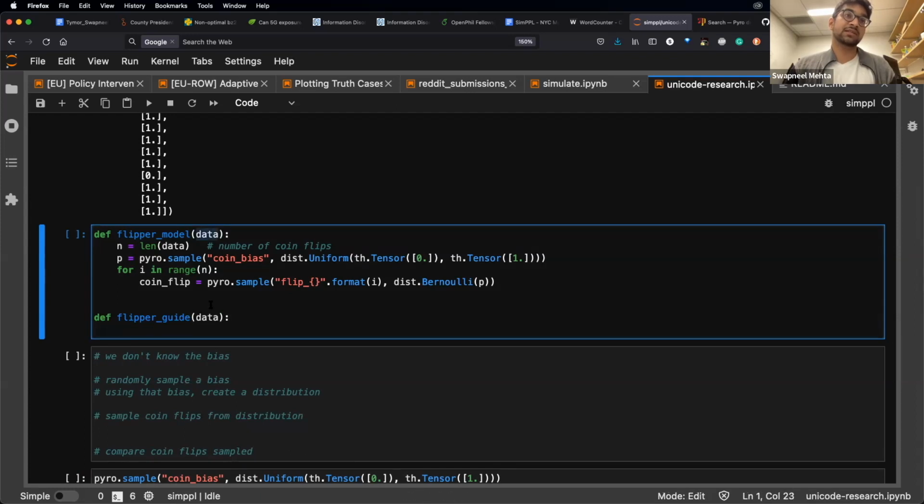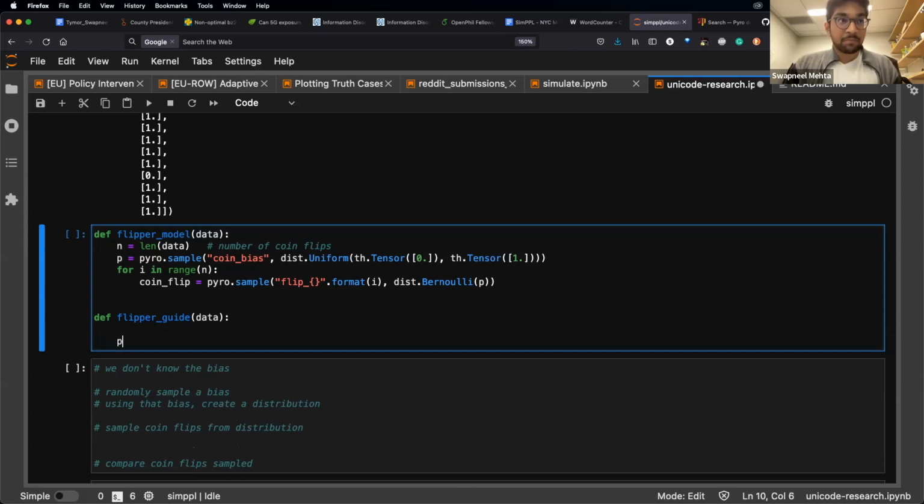So it takes in the same parameter, except now what the guide does is I define p, which is my coin bias. So I'm placing a prior on top of coin bias, which is sampled from a distribution called beta. I will get into a minute into what this distribution is, which takes two parameters, a and b.